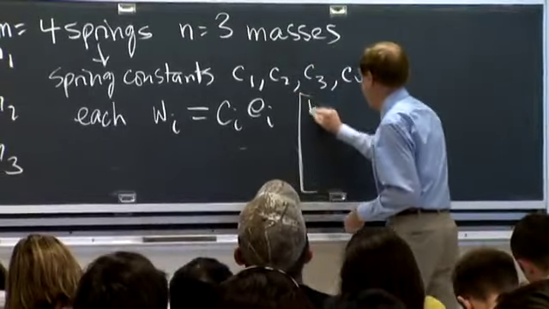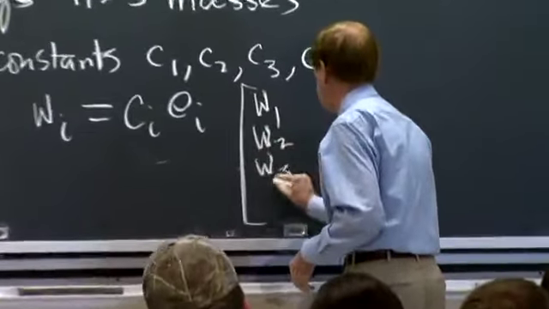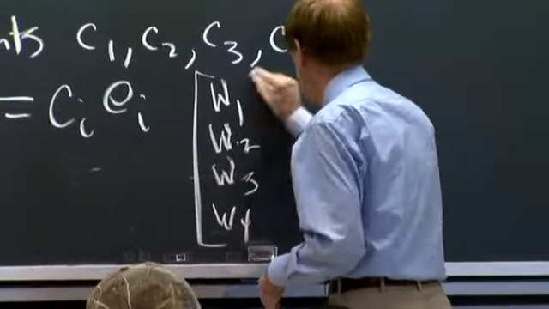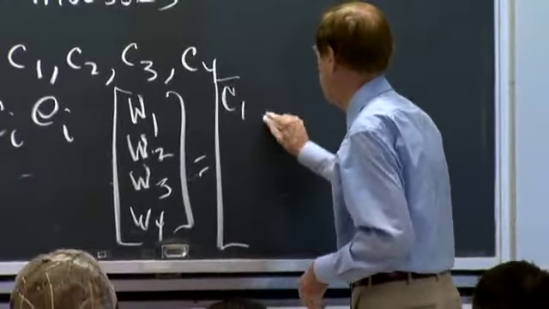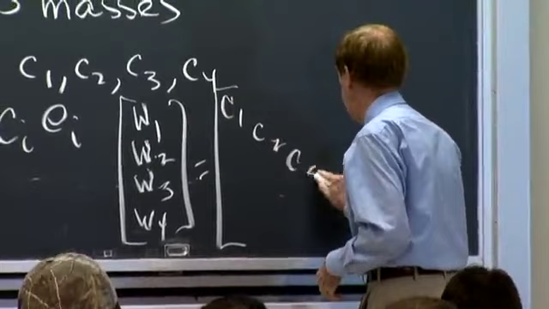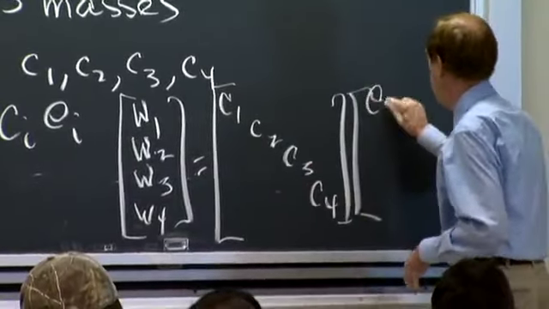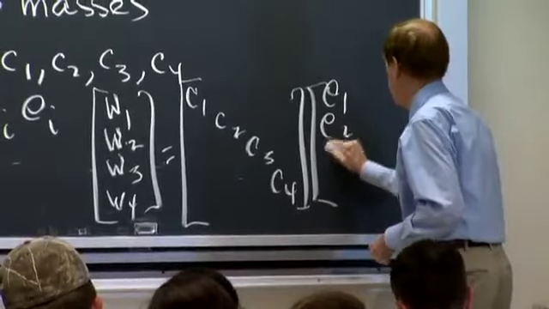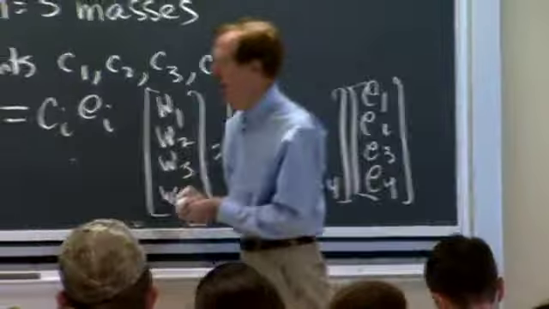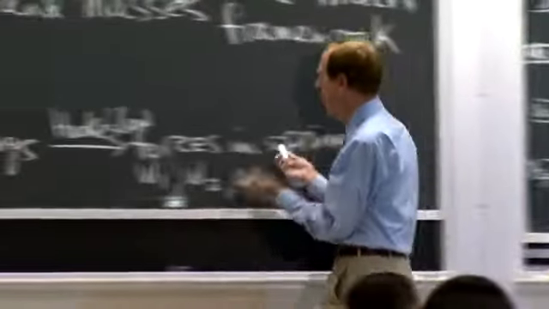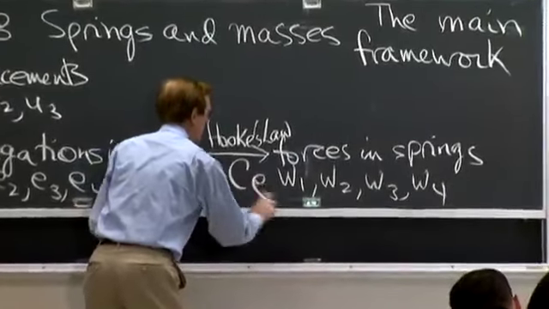The vector of W's, the vector of forces in the spring, is a diagonal matrix C, which just has these numbers on the diagonal, C1 up to C4, times the E's. So of course I'm going to write that in matrix notation as W equals a matrix C times E.